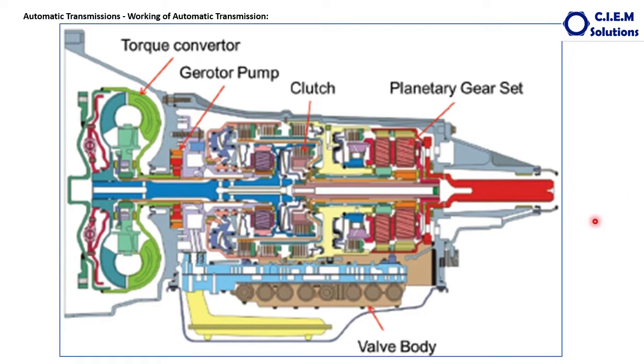Further, in 1965, the fluid coupling was replaced with the torque converter, which we have discussed in part 6, and this two-speed automatic transmission developed into a multi-speed automatic transmission. By 1980, a device called the lockup clutch was added in the transmission to give more fuel efficiency.